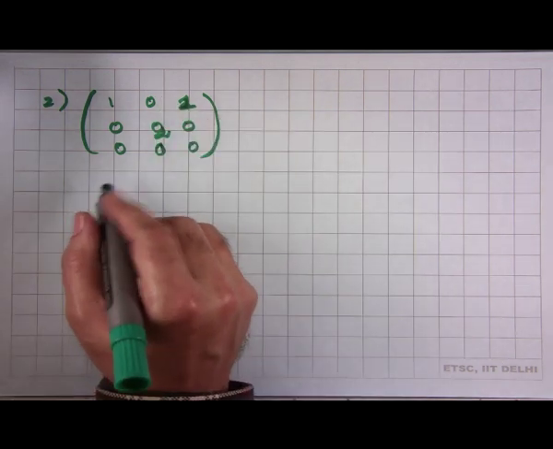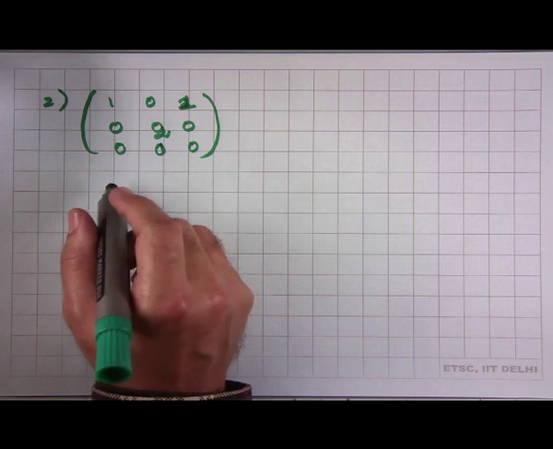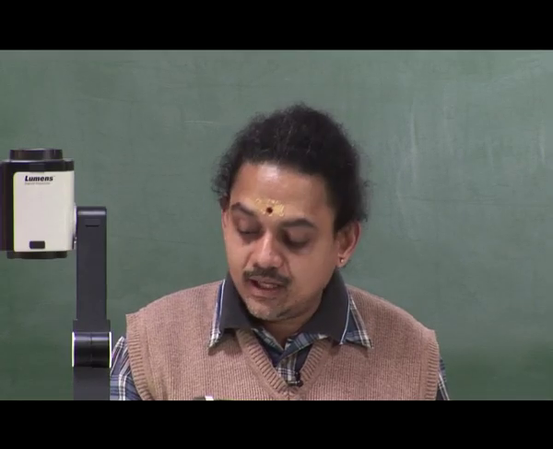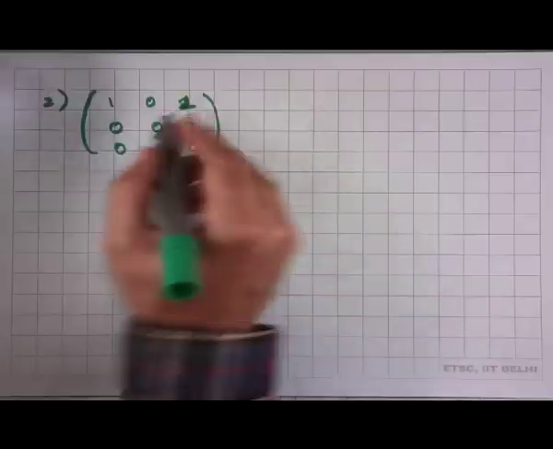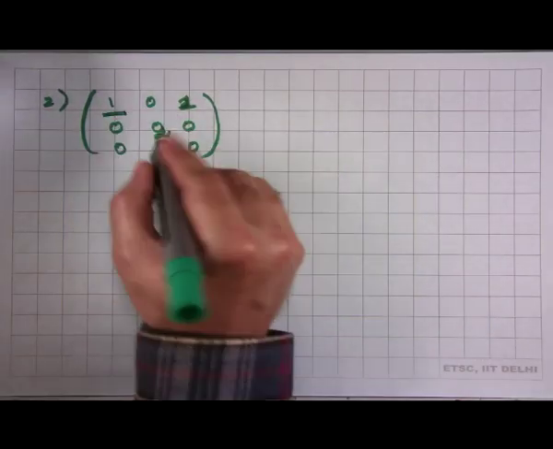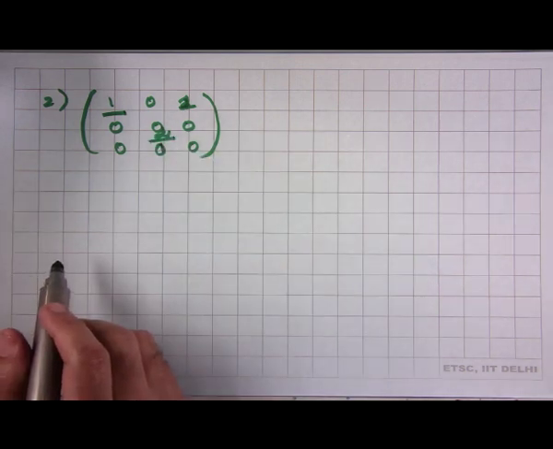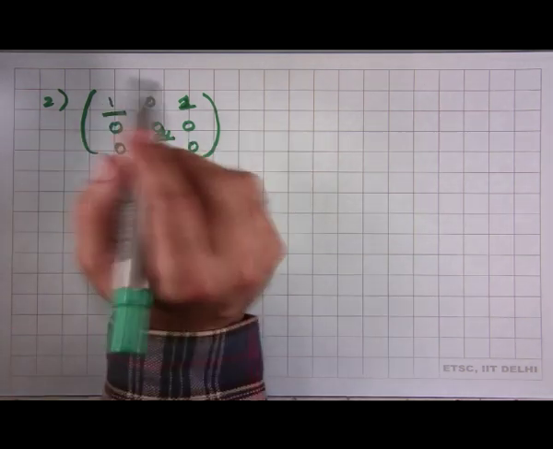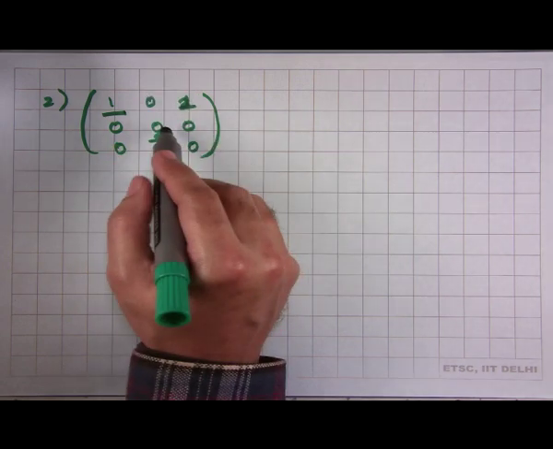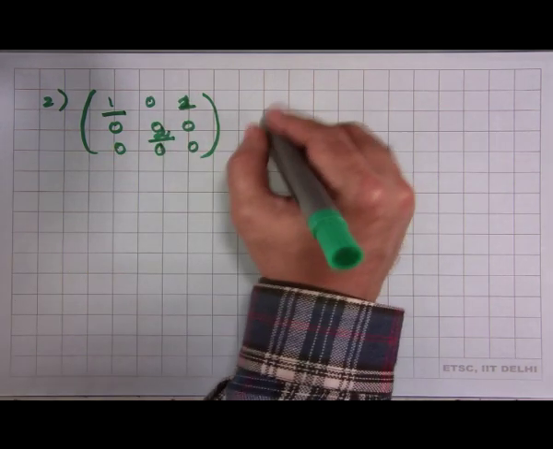Second one, the first leading coefficient in every row should be 1, which is the first non-zero entry. In the first row, this is the first leading coefficient which is non-zero. In the first row you have 1, which is fine, but in the second one you have 2.